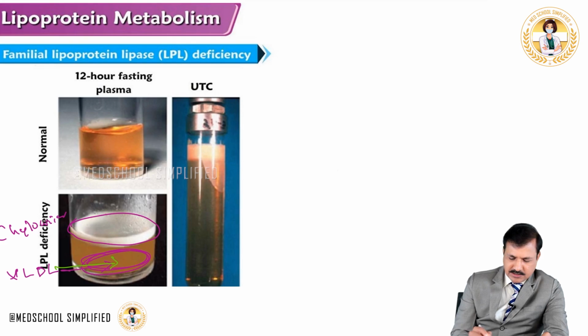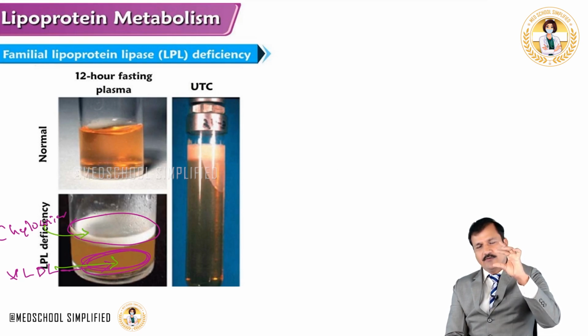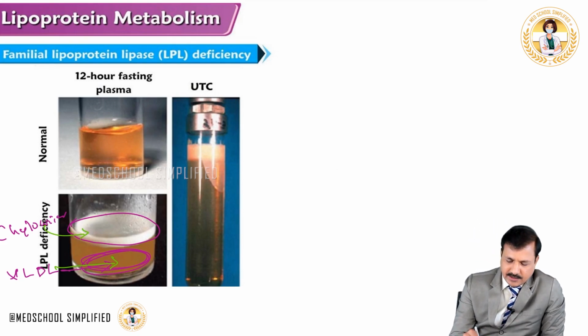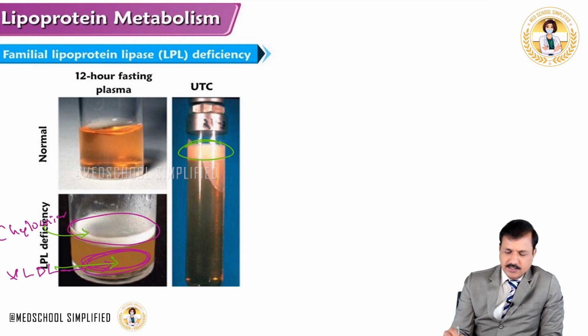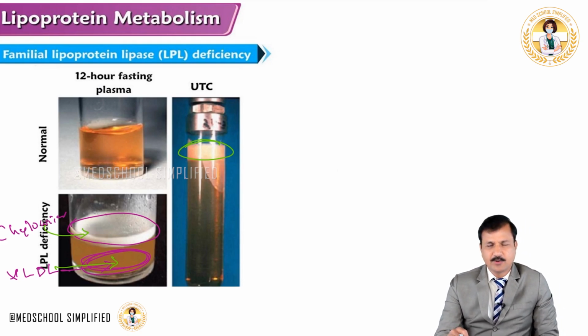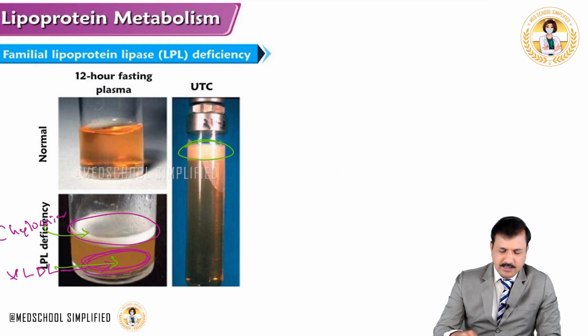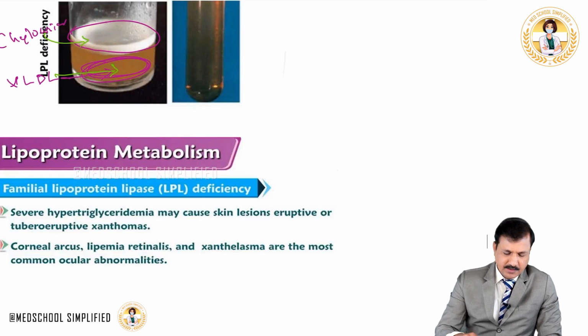Excess VLDL causes turbidity, and excess chylomicron will make a creamy supernatant, a frothy thing that we are seeing here. Here in this sample also, you see that creamy supernatant there. Alright, so that is one of the laboratory features by which we can diagnose familial lipoprotein lipase deficiency.